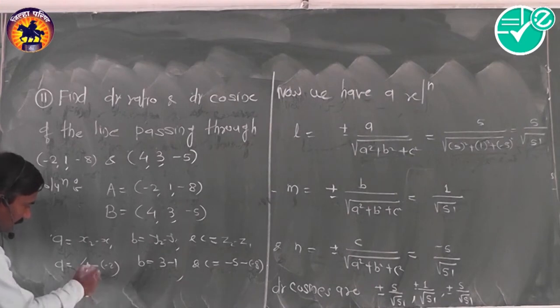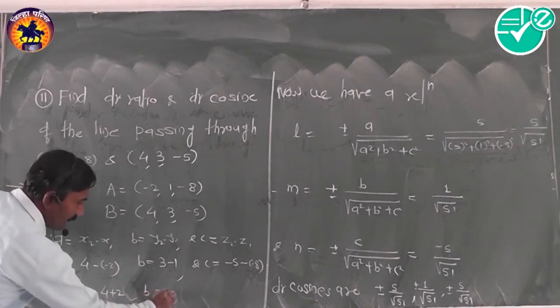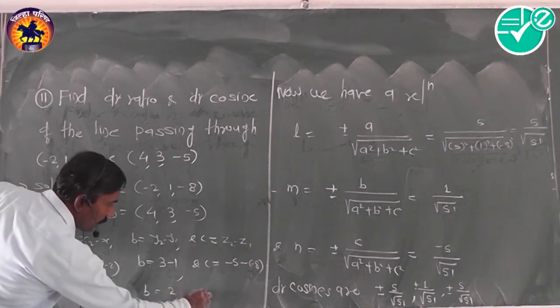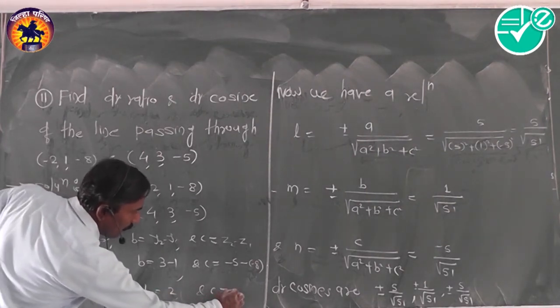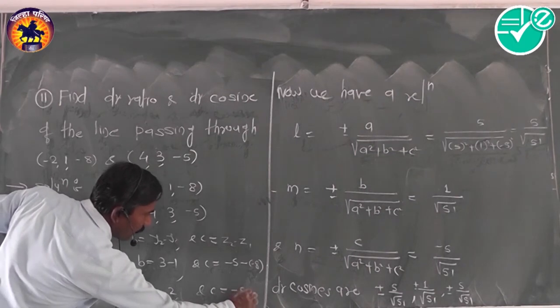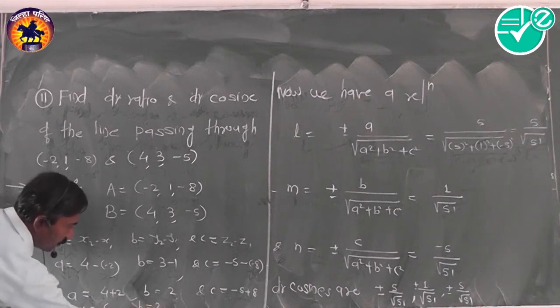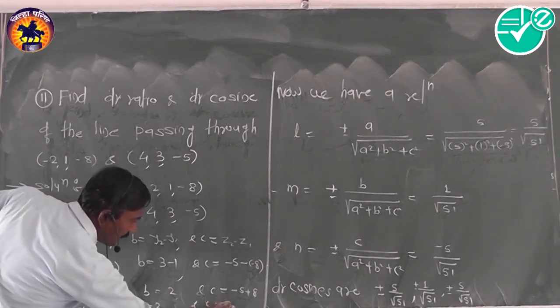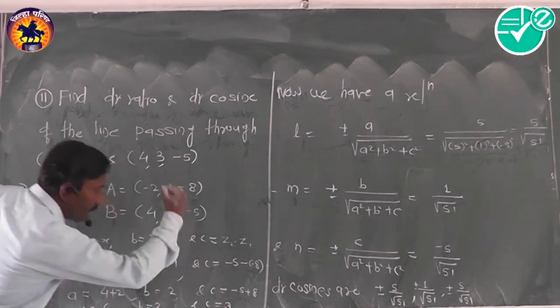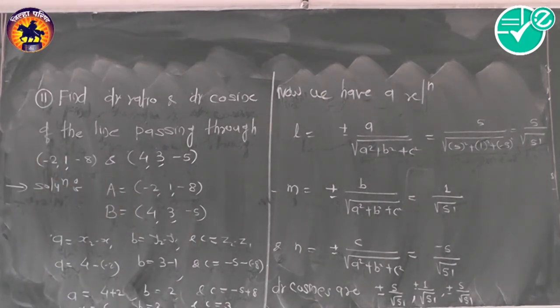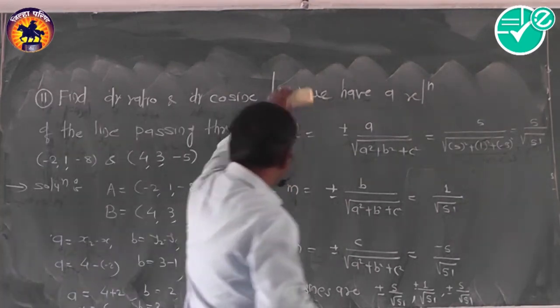So A is equal to 4 plus 2, B is equal to 2, and C is equal to -5 plus 8. So A is equal to 6, B is equal to 2, and C is equal to 3. So those are A, B, C, the direction ratios.